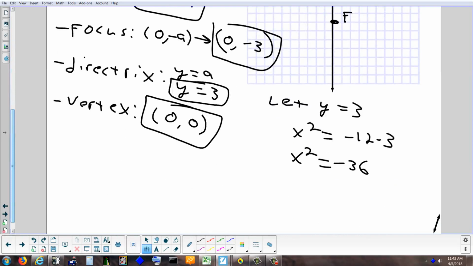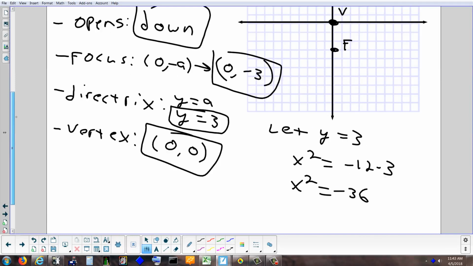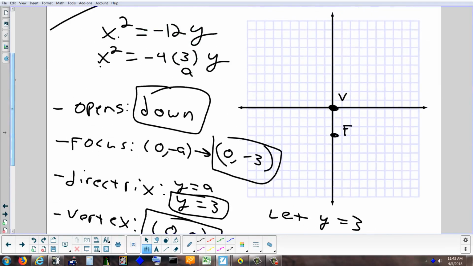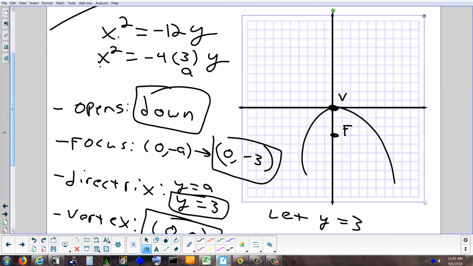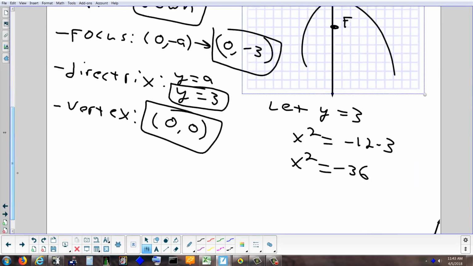So what that means is you picked a point that is off the parabola. It's going to open down. Is that parabola ever going to hit 3? No, 3's above it. You picked a point that's above the parabola. So we can't pick 3, because that's up here. We have to go down here. So instead of 3, what could I pick? Negative 3. So just make a small change.